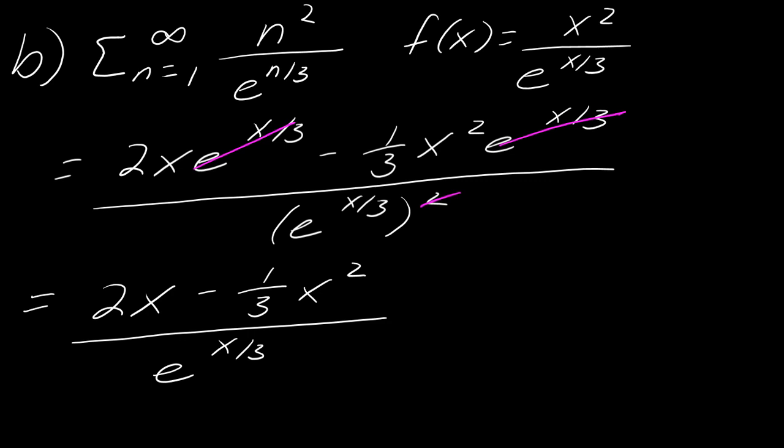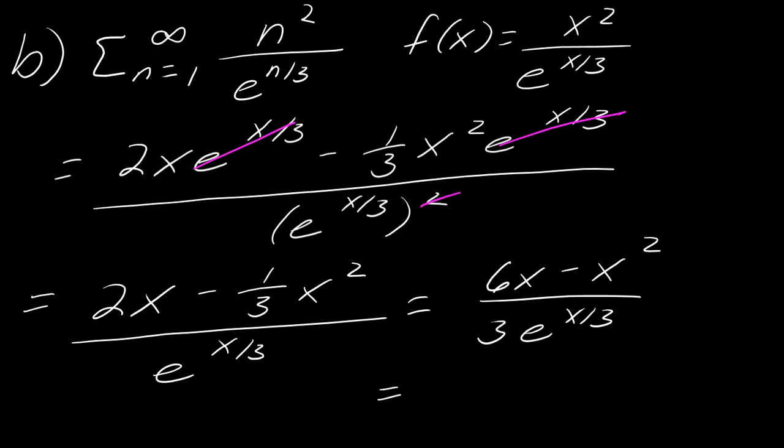Let's multiply the top and bottom by 3 so that I can get rid of the fraction. Then that will allow me to rewrite the top as x times 6 minus x, over 3e to the x over 3.